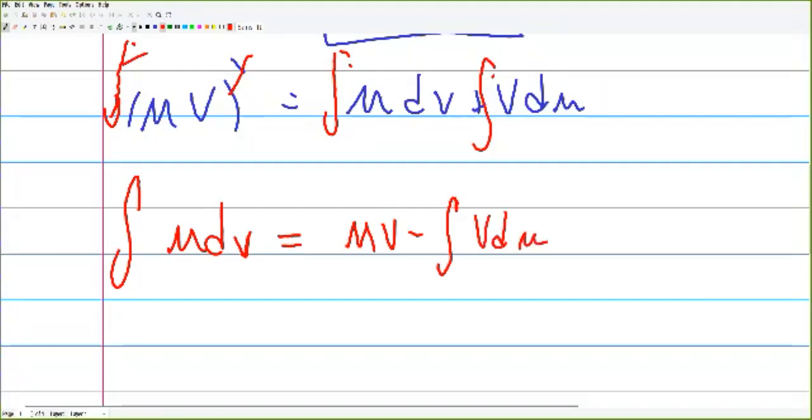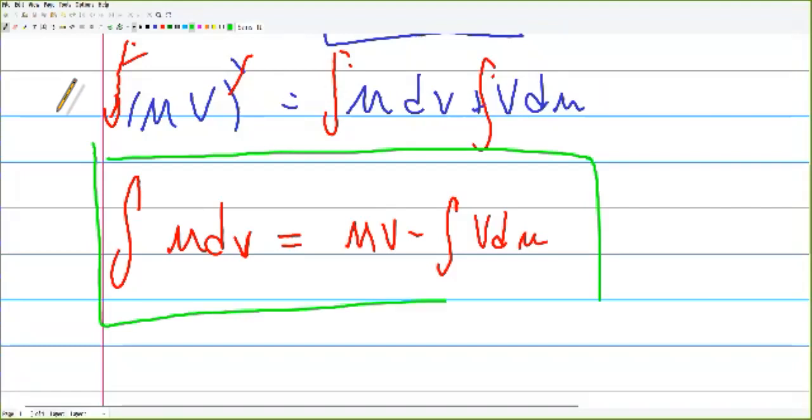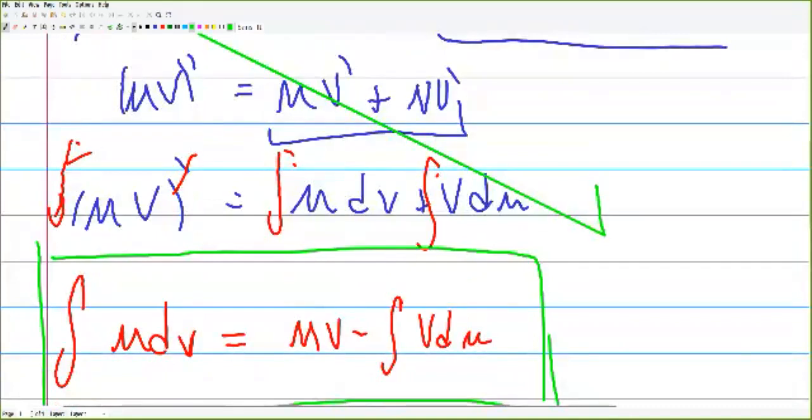Just encircle this. This is the integration by parts. This is not a rule. You don't put any number there. You have to be a little smart.